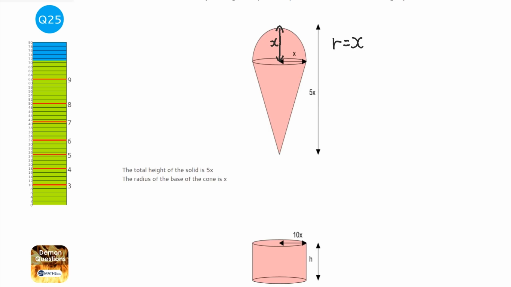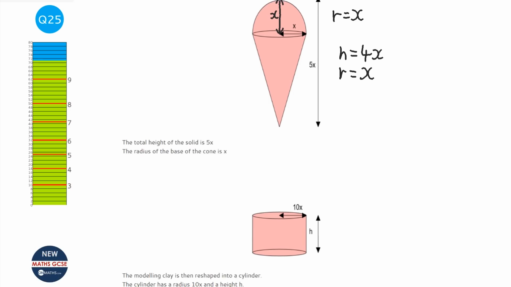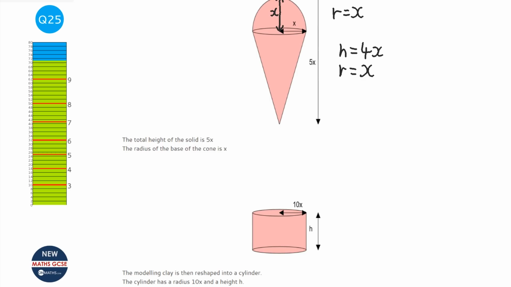So we know the height of the cone is going to be 4x because one of those x's is used on the hemisphere. We know the radius of the cone is going to be x because it's stated at the top. So let's keep going. The radius of the cylinder is going to be 10x, and the height is just labelled as h. So that's nice and simple.